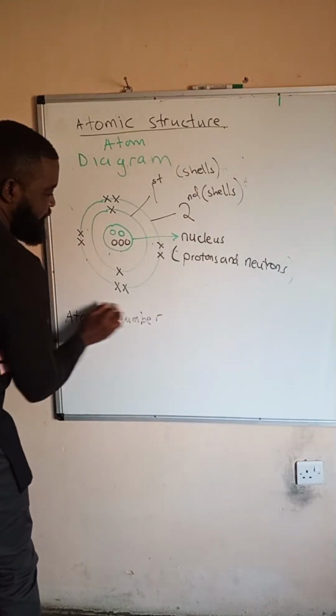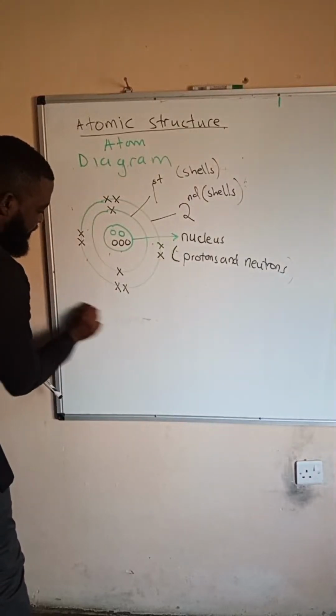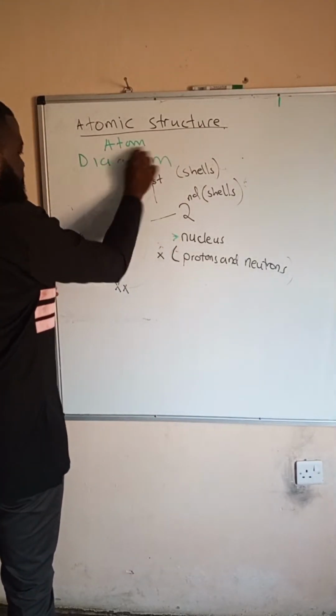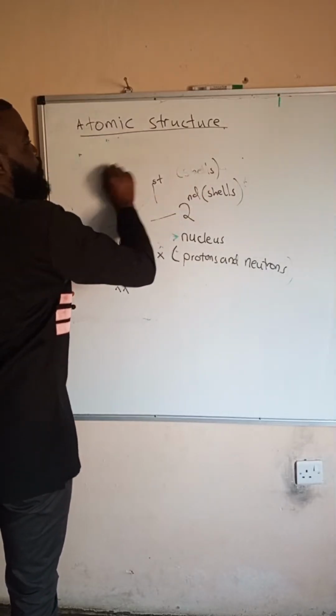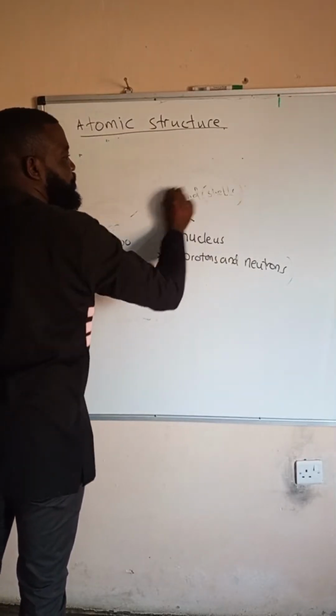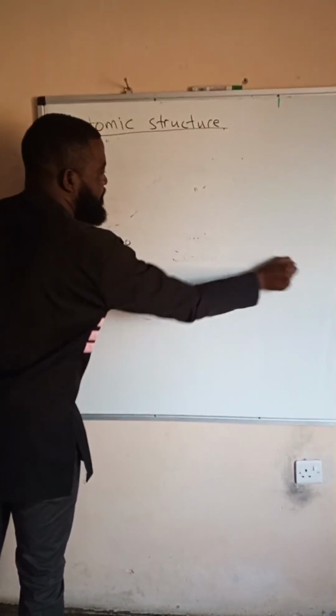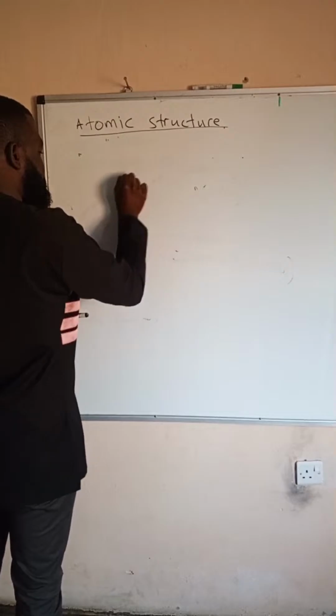Let me wrap so that I create space on top so that you can see it clearly. What is atomic number? Because they can ask you to define these terms.